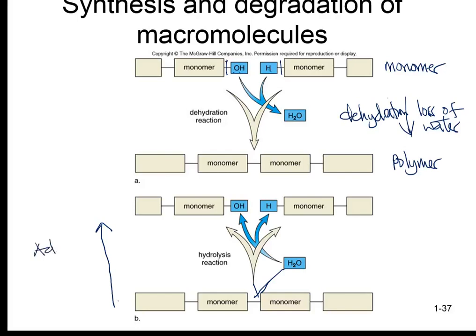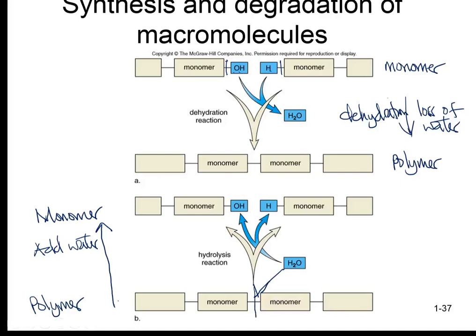So you are moving from a polymer to a monomer. Now you need to add water so that you bring back the water here while breaking the chemical bond.